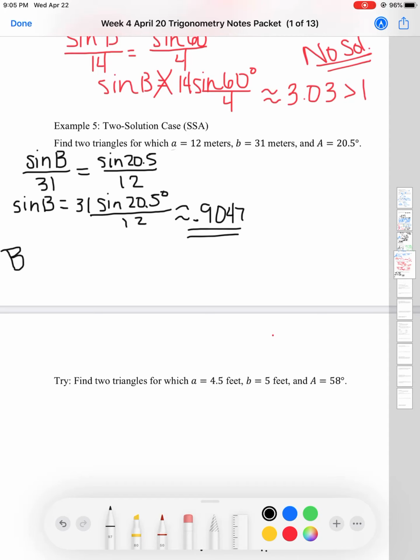There are two angles where sine is equal to that. One in the first quadrant, one in the second quadrant. If you type it into your calculator and take B equals inverse sine of 0.9047, you're going to get the first quadrant angle, which is 64.8 degrees.